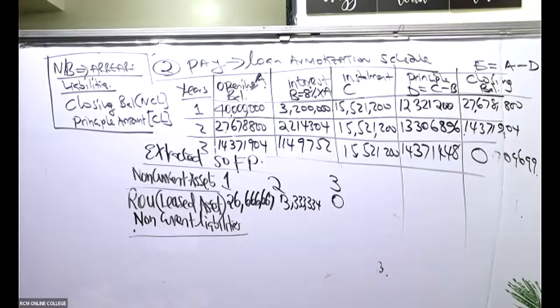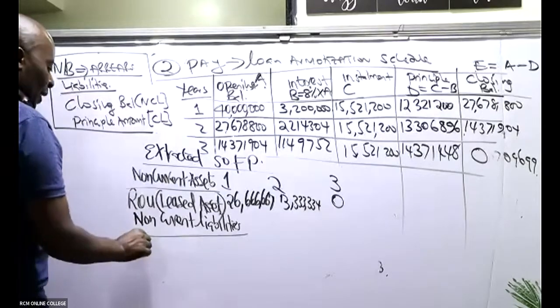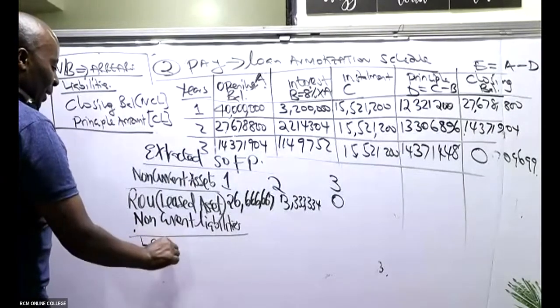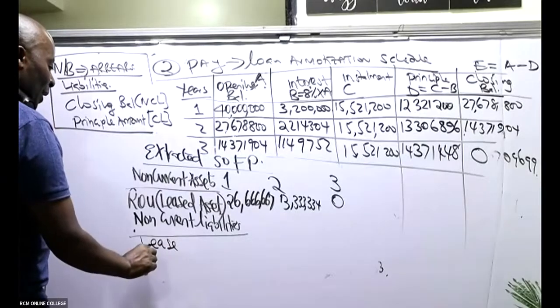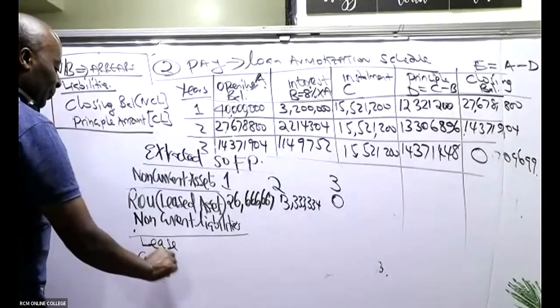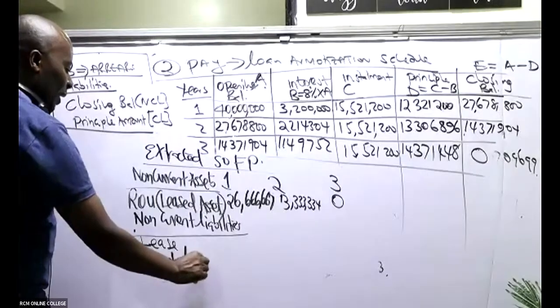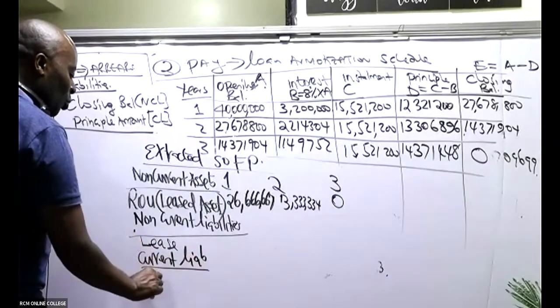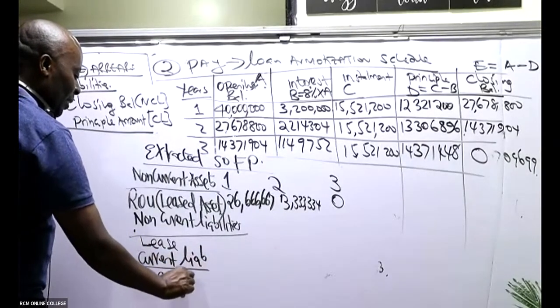Now that you have written it like that, under non-current liabilities, you will simply write lease. And also under current liabilities, you shall also write lease.